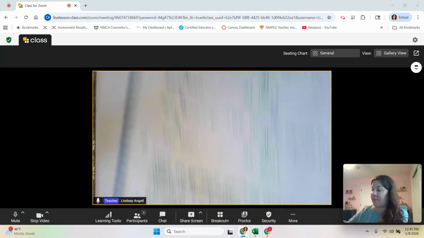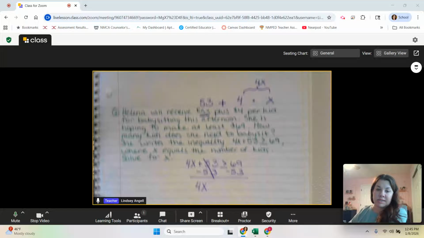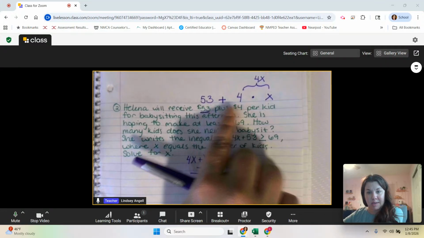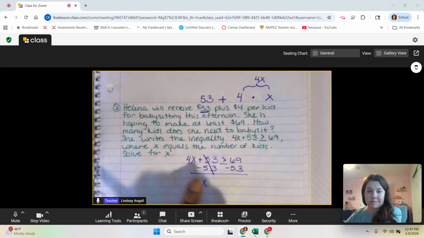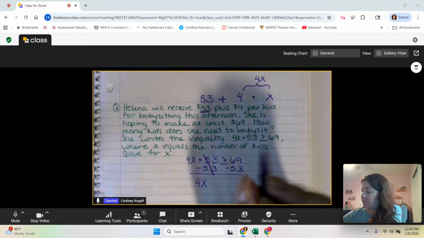The 2 just happens to be attached to it. So the same thing is true here. Notice, in the problem the 53 came first and then the 4x, but we wrote it backwards from that, okay? But it helps us take away the 53 and so on.